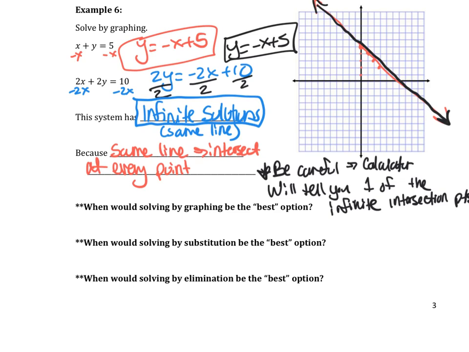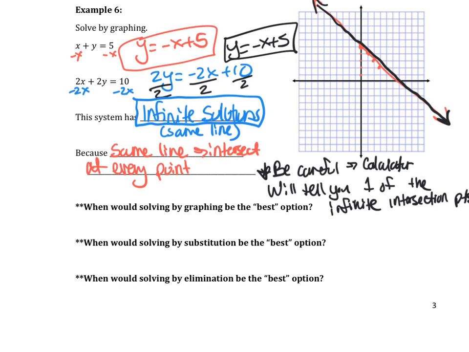You just have to be careful. Sometimes there'll be some fractions that pop up, and you just have to make sure that you're not making any calculating errors when you're solving. Again, if a problem asks you to use a specific method, that's usually just because that method is the easiest one to use. It requires the least amount of work, but you can use any method that you want.